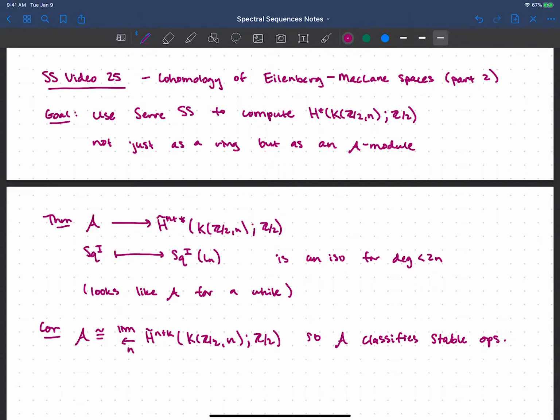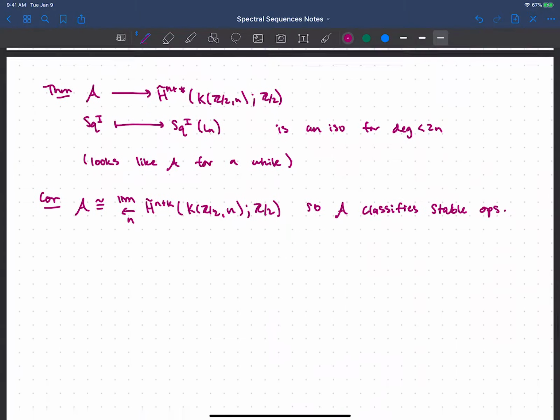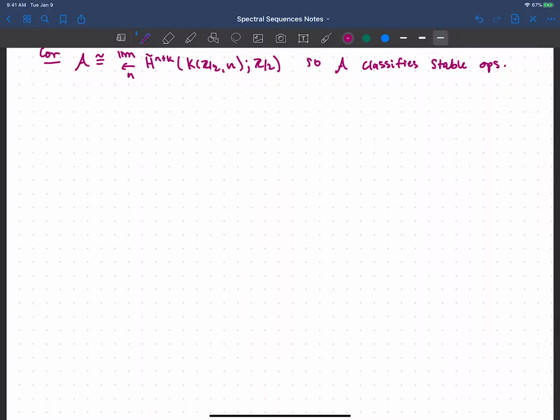How will we do that? Well, finally we get back to spectral sequences. So let's go back to the Serre spectral sequence and do this computation.